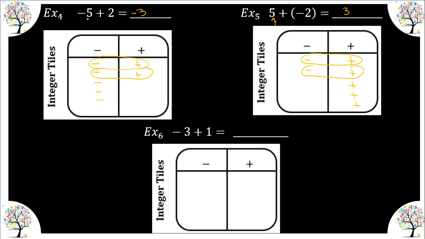In example 4, there were more negatives, so we ended with negatives. Number 6, we have 3 negatives, and we're going to add 1 positive. A negative and a positive zero out, and we're left with 2 negatives, or -2.